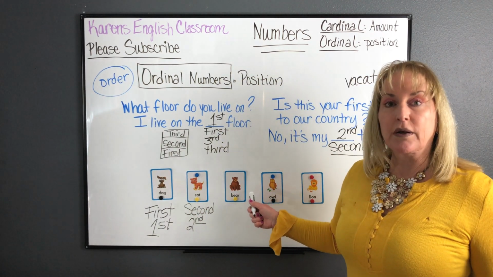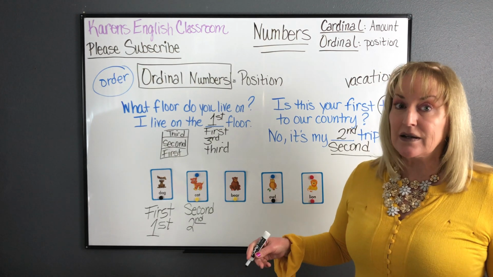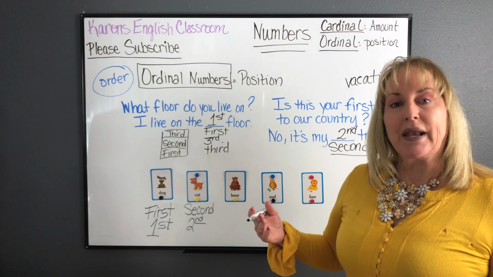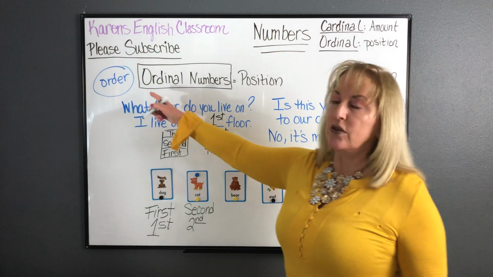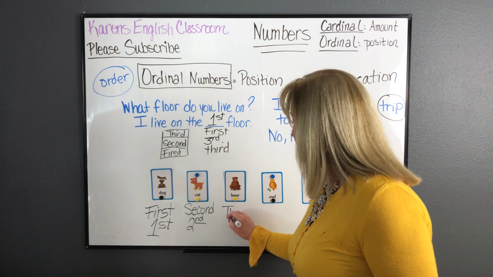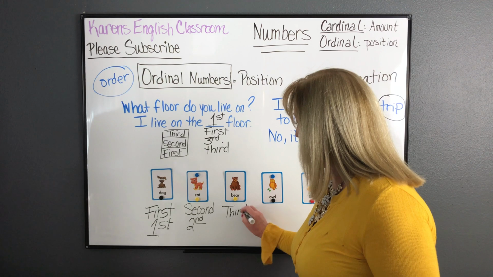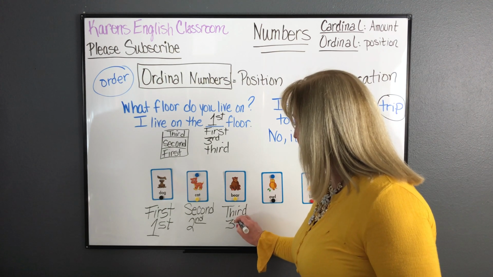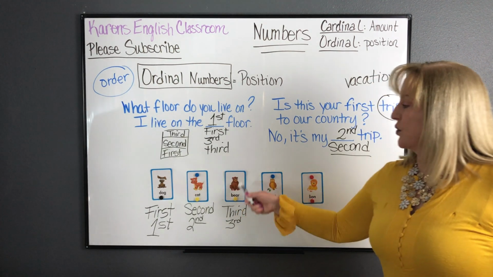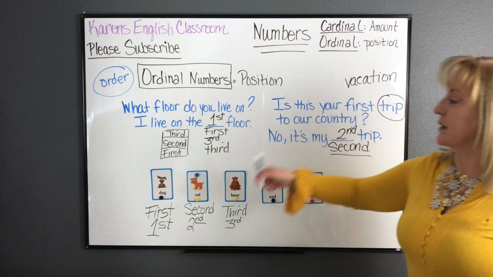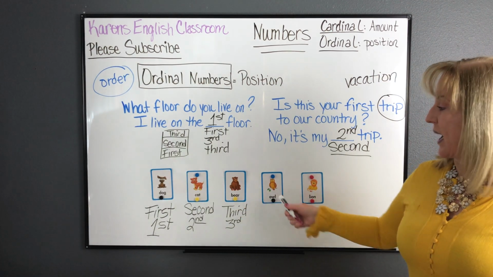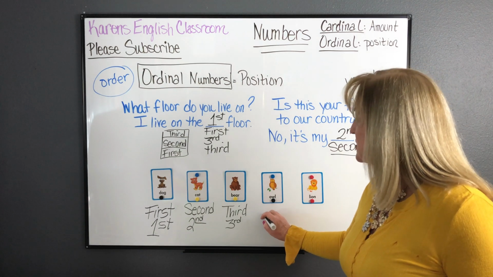The bear is number 3, yes, but that would be 1, 2, 3, 3 animals. I want to know the position, the order. So first, second, here we're going to say third. The owl, 1, 2, 3, 4. Those are the amounts, yes, but what is the position? The owl is number 4, yes, but he is fourth.